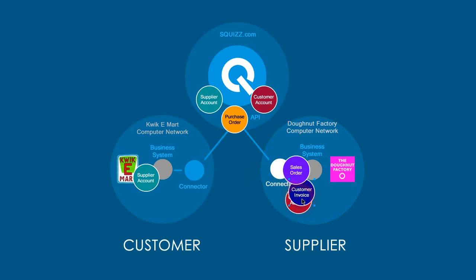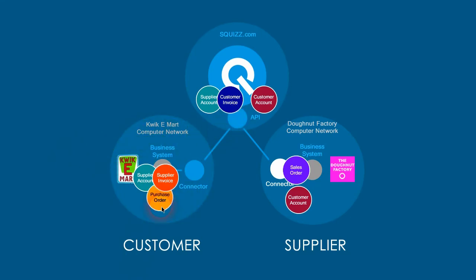So when this routine runs, the connector software will send the customer invoice back into Squizz.com, and Squizz.com can pass this across to the customer organization. And when that happens, it gets converted into a supplier invoice. So now that that supplier invoice is being created, Squizz.com then can automatically push it back down into the originating business system of the customer, which in this example is Quickie-Mart.